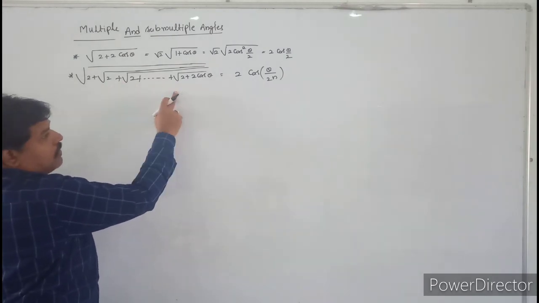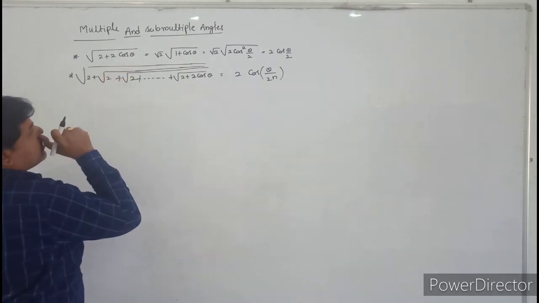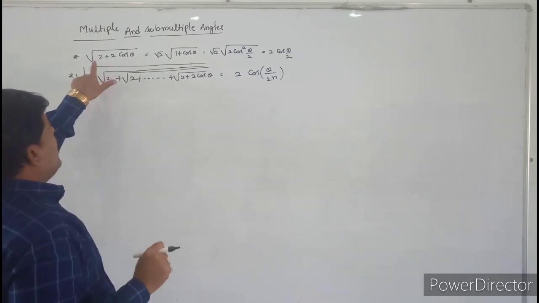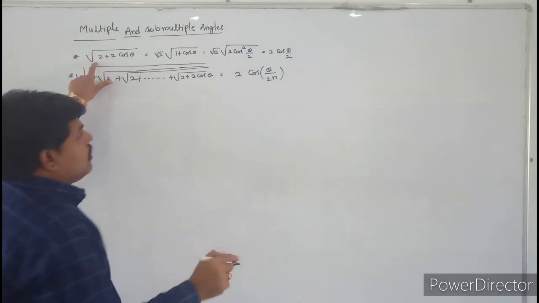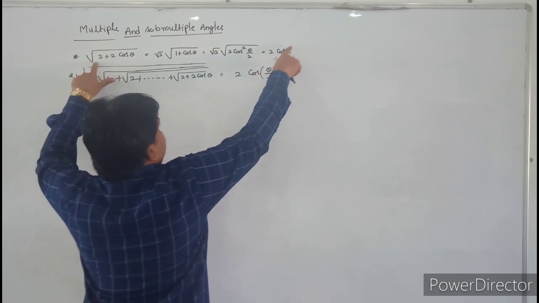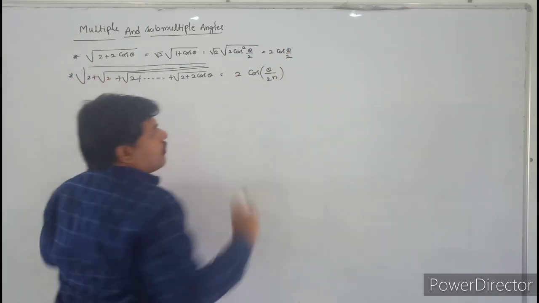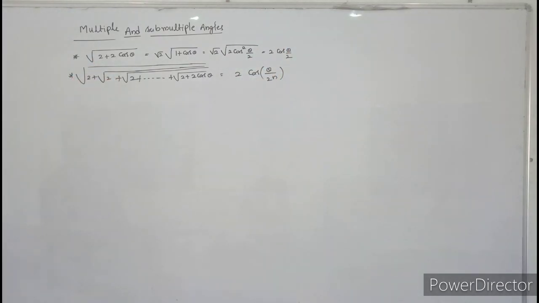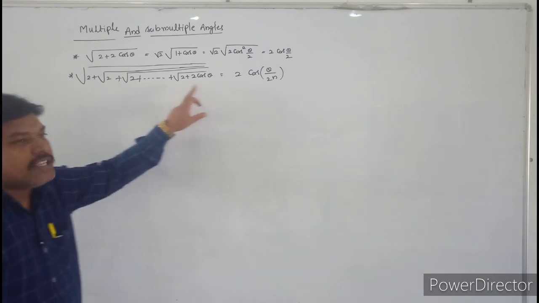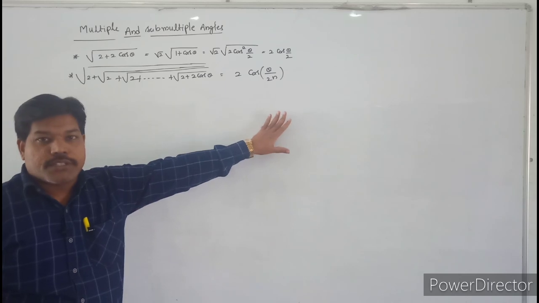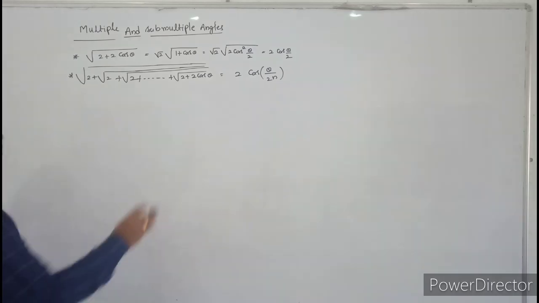You have to count that. For example, here how many roots are there? Only one, so it becomes 2 cos theta by 2 power 1, so it becomes 2 cos theta by 2. Do you understand that? So see that formula, students.